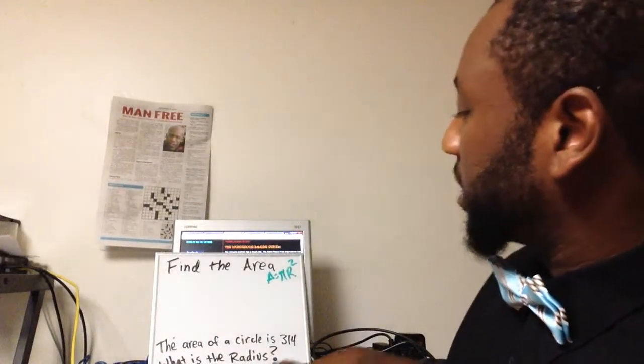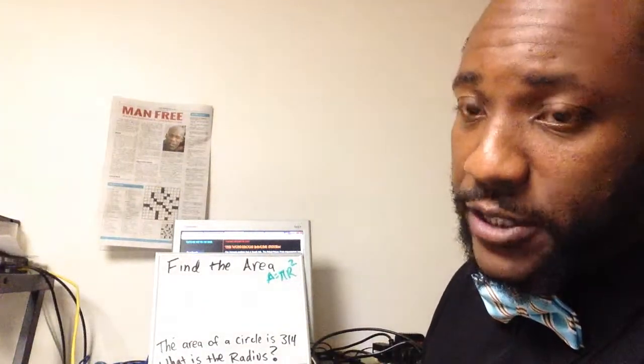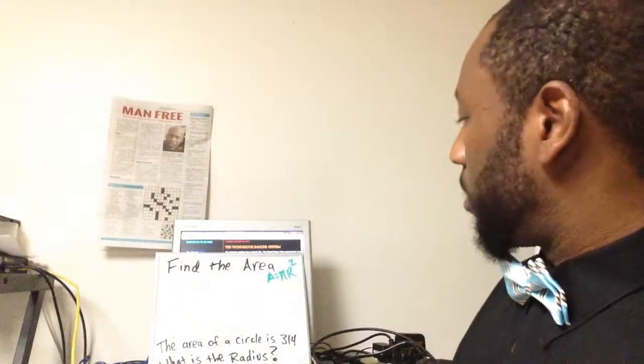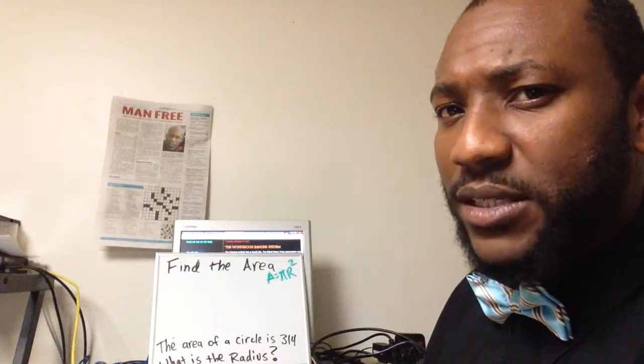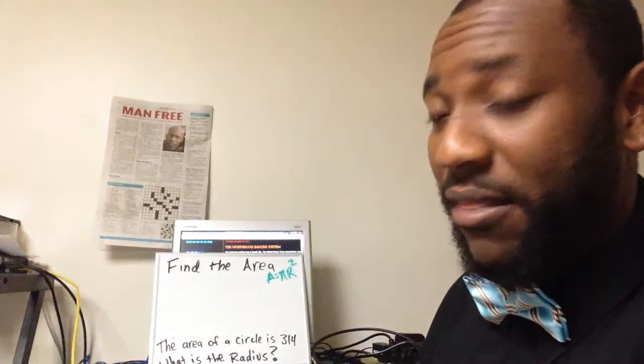So, in this case, the area of the circle is 314. We want to know the radius. All right, and so then we're going to follow our directions and just write them out again. It's funny how answers come to you when you start to write. It's almost like magic. Unfortunately, I don't believe in magic, but it's just like that.